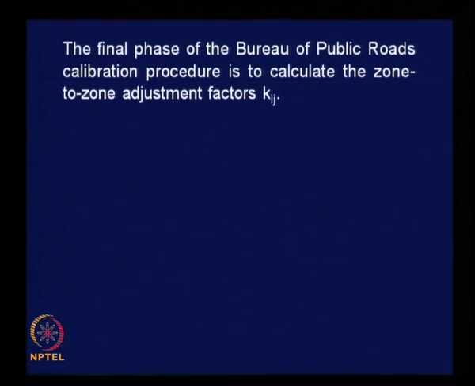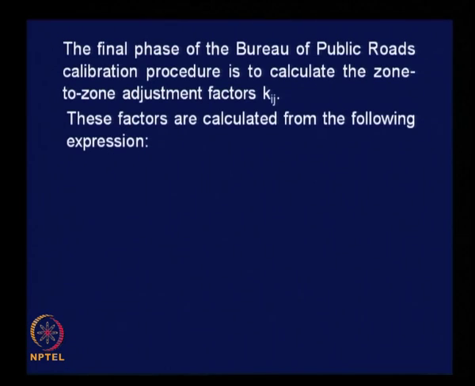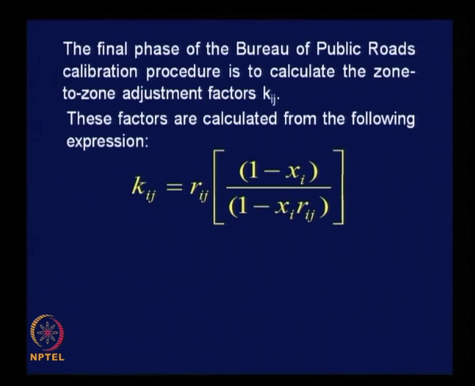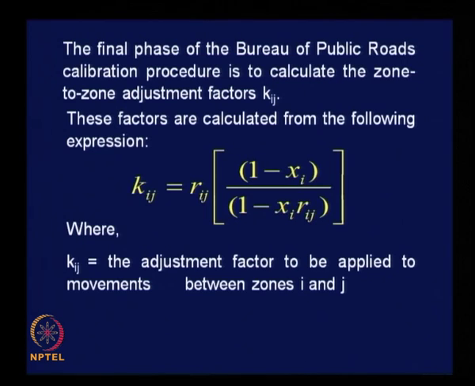The procedure recommended by BPR is this: you can calculate Kij to be Rij multiplied by (1 minus xi) whole divided by (1 minus xi Rij), and Kij is the adjustment factor to be applied to movements between zones i and j.